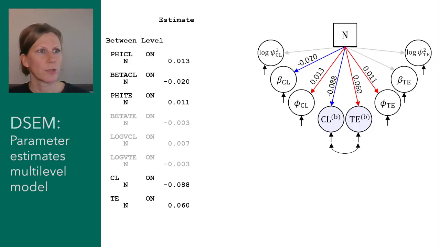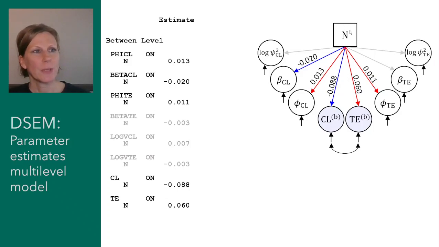So we see also that if a person is higher on neuroticism, they tend to have a lower mean on closeness, a higher mean on tension, a higher autoregressive parameter for phi. And then this one is the most tricky one actually.